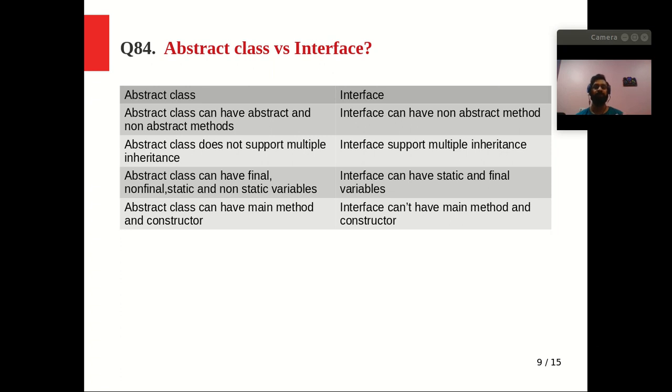So that's why 100% abstraction can be achieved with the interface, because an interface contains only abstract methods, right? Not concrete methods. So this is the main difference between an abstract class and an interface in terms of implementation, and also in terms of their features and uses. So this is the important question which we have to see.